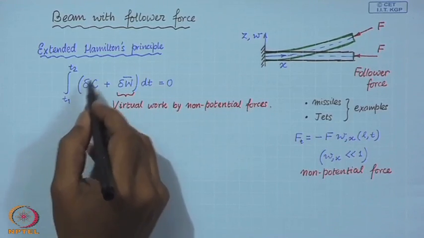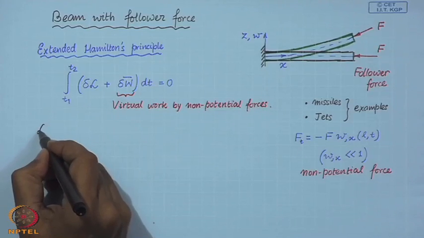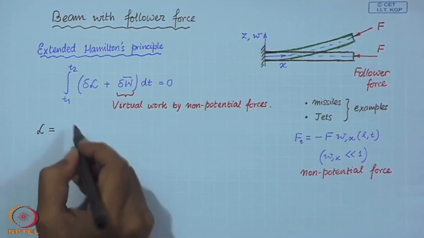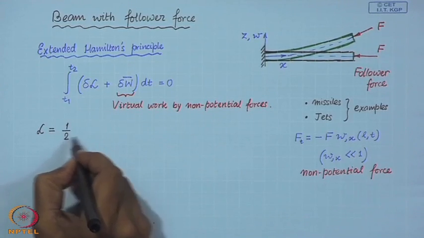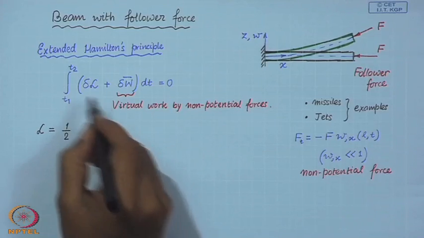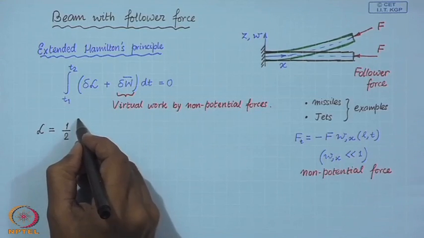Now, let us first write down the Lagrangian. So, we have the kinetic minus potential energies.